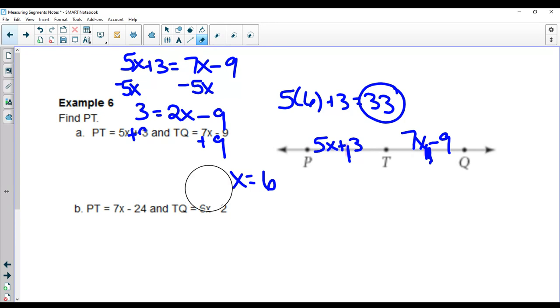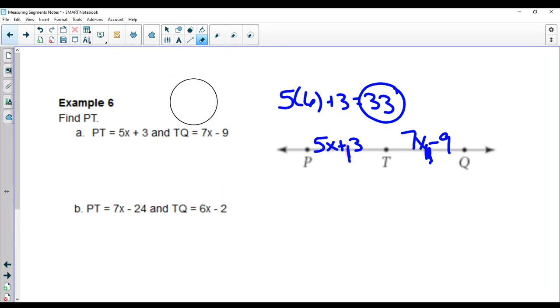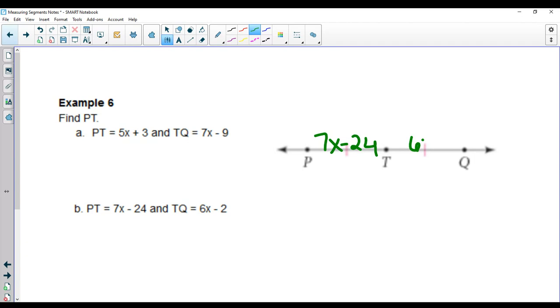Now I'm going to erase my stuff so I can do this again. PT is 7x minus 24. And TQ is 6x minus 2. So again, I'm going to set them equal.